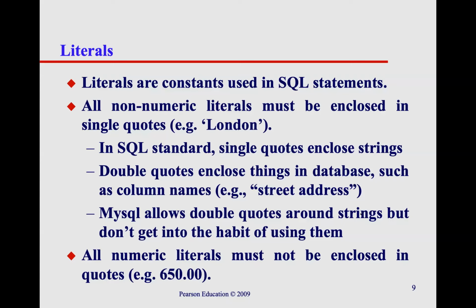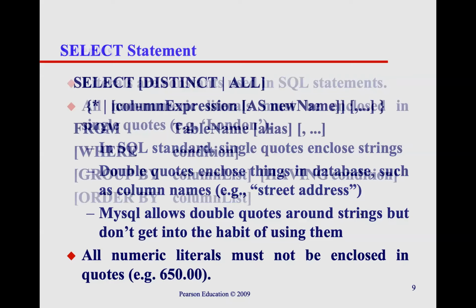So please don't get in the habit of using double quotes because it's a bad habit. It will be accepted by our SQL interpreter, but it's bad practice. I know it's a change for you because you're so used to using double quotes for string literals, but please, for this course, get in the habit of using single quotes for string literals.